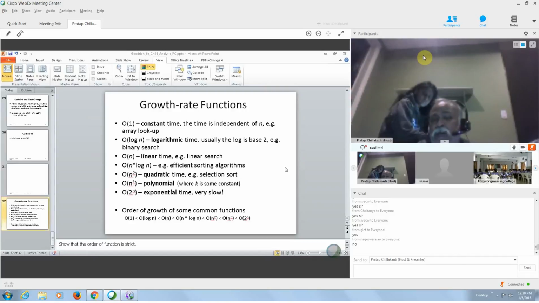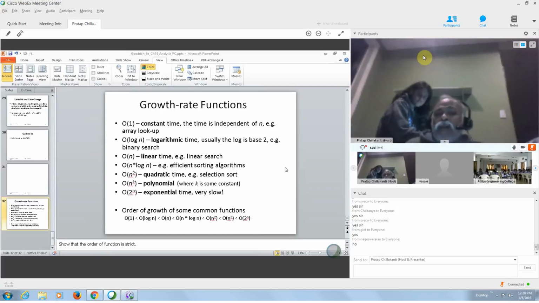An array lookup is order of 1. A RAM lookup is order of 1. We did not do search algorithms yet, but when you do that, you will see binary search is order of log n. Linear search, remember, we did the sequential search example in the slide deck. That's order of n.